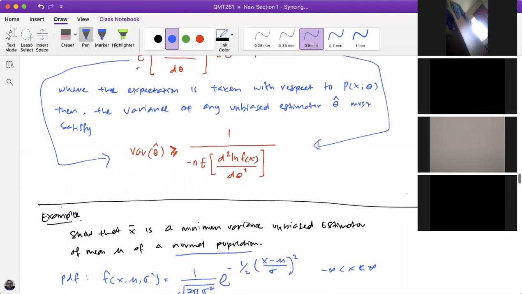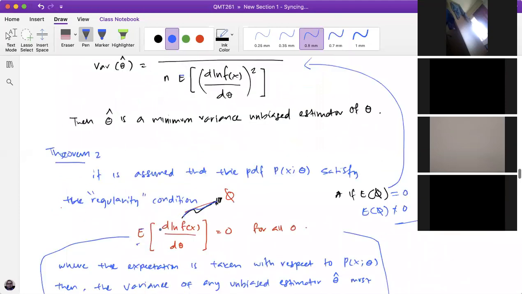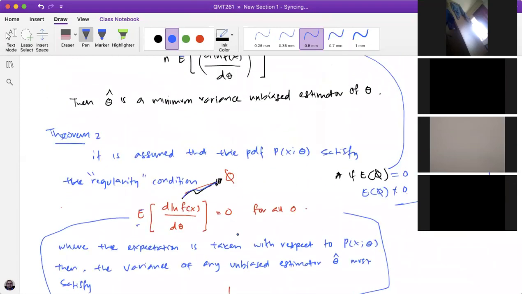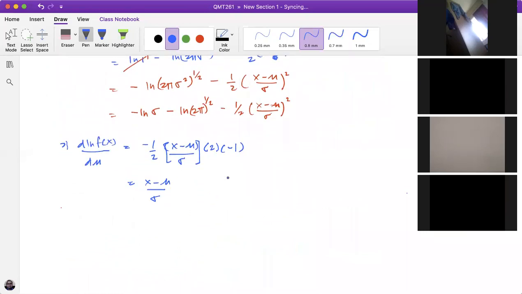So now look at that formula. If the expected value of the derivative of ln f(x) with respect to theta is equal to 0, then use the second theorem. If not equal to 0, use the first theorem. So the expected value of this one should be equal to 0, right?